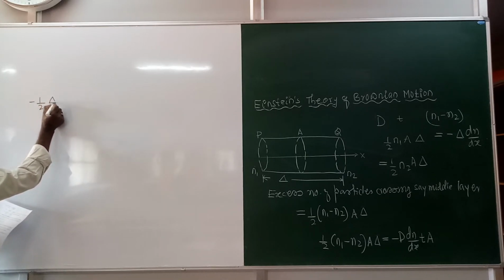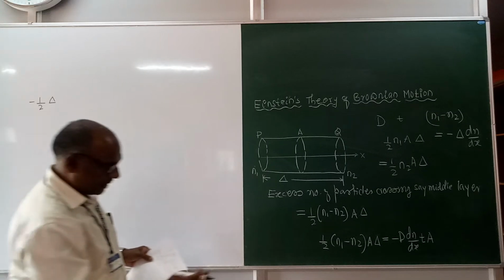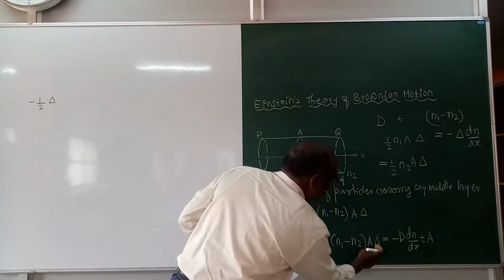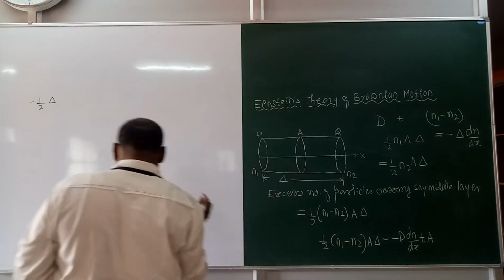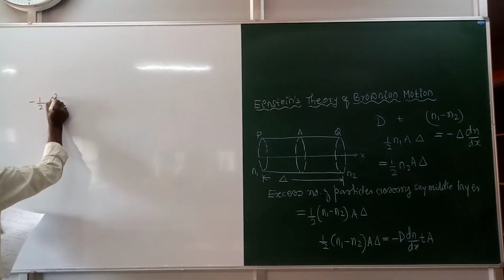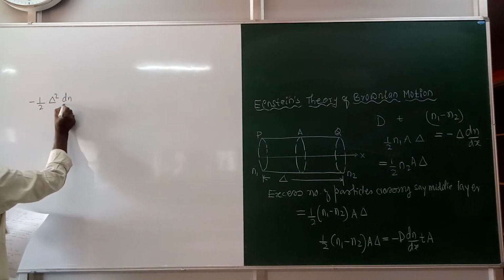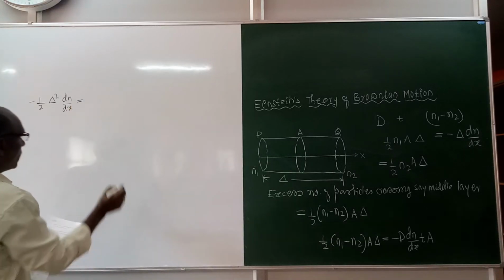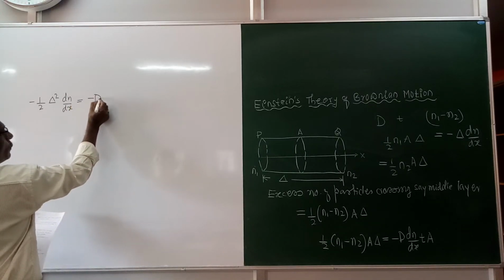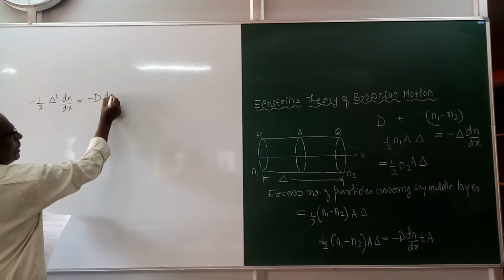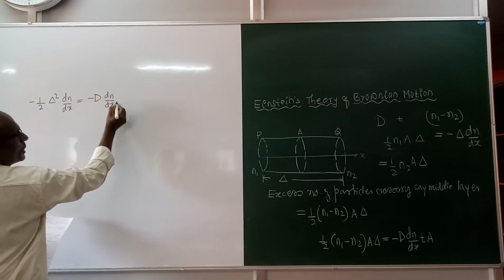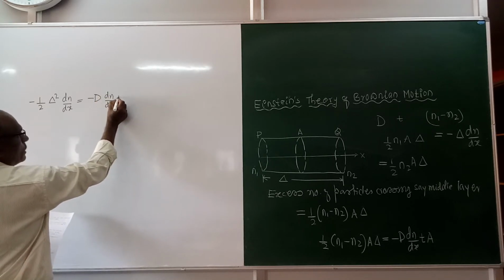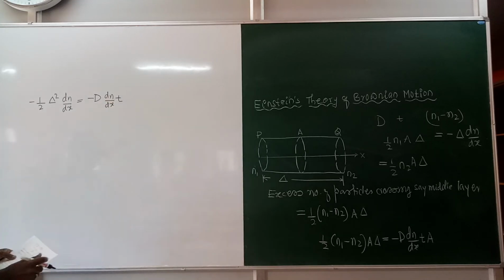We already have delta here in this equation, so one more delta, that is delta square dN by dx, which is equal to minus D, the coefficient of diffusion, dN by dx, the concentration gradient, into T.